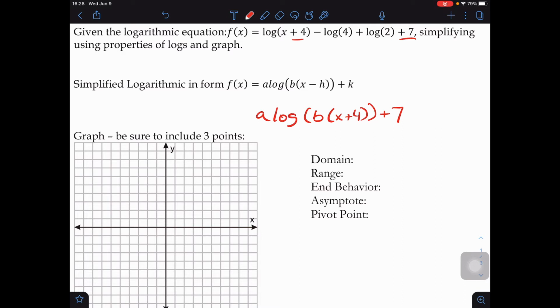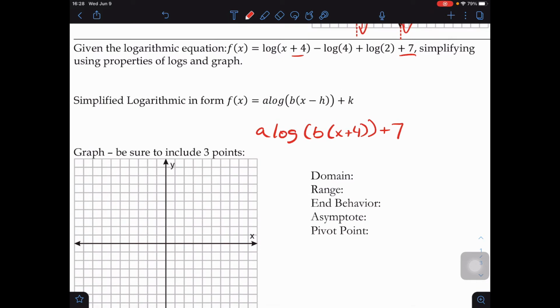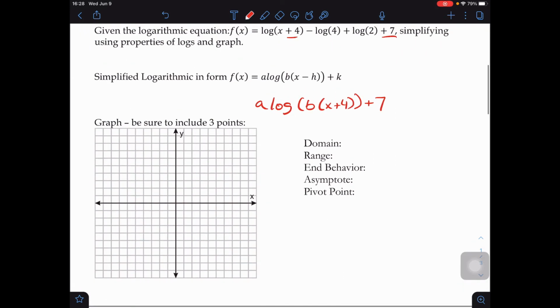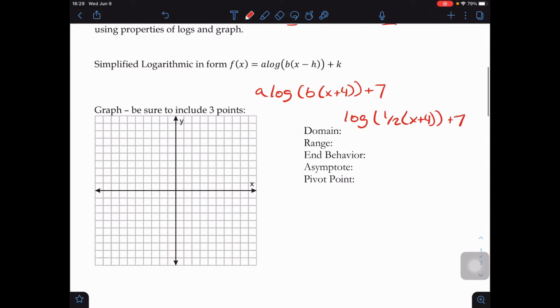And so now I guess you could just try out points, and then you would end up getting log of 1/2 times x plus 4 plus 7. That's just what I got after I just guessed and checked a few values, and that's what I ended up getting.